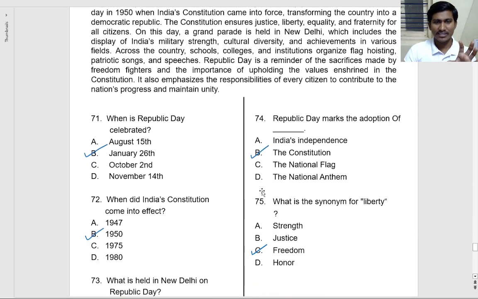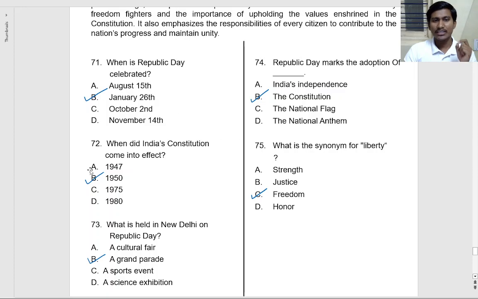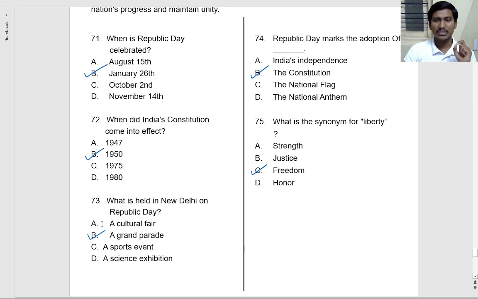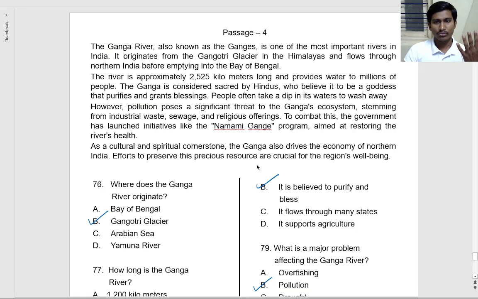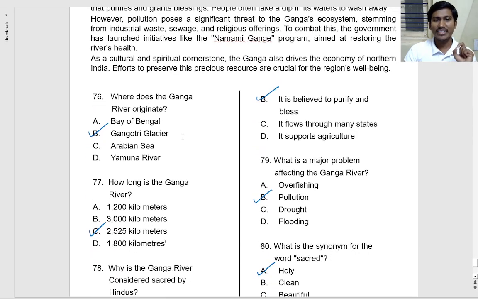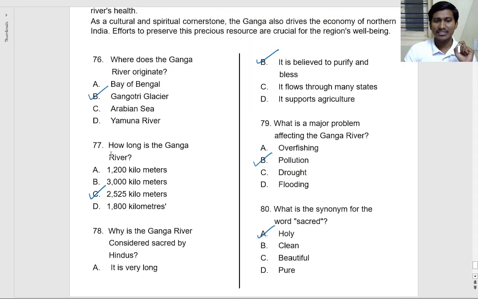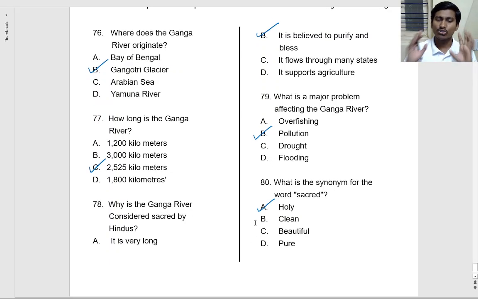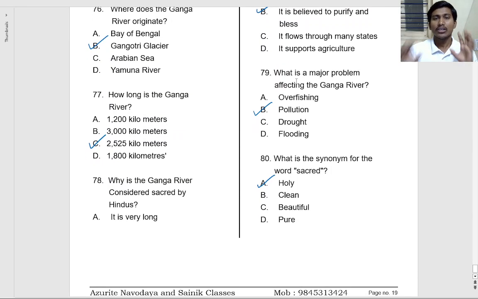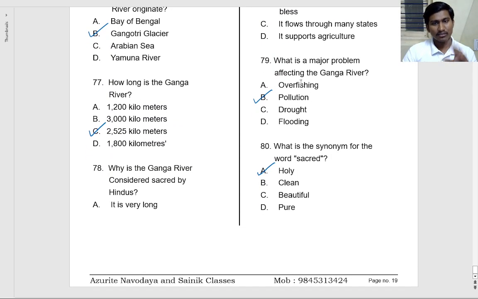So these are the answers: 71 B, 72 B, 73 B, 74 B, 75 is C option. Now the fourth passage, right? 76 is B, 77 is C, 78 is B, 79 is B, and 80 is A. So these are the solutions for passage 4, okay?